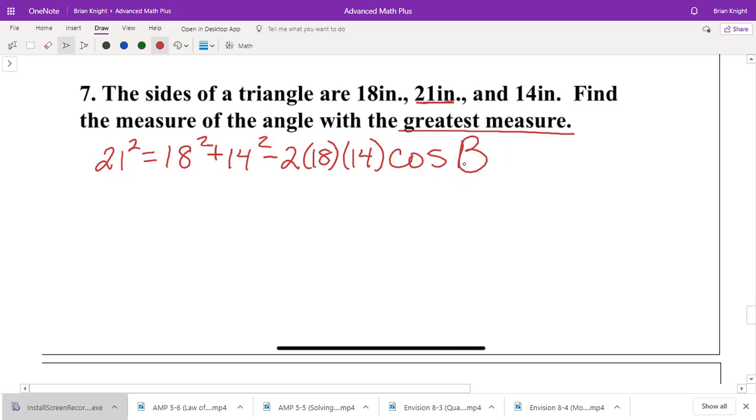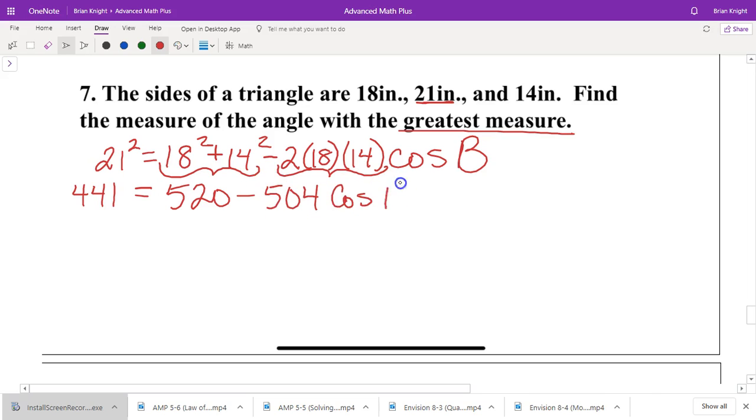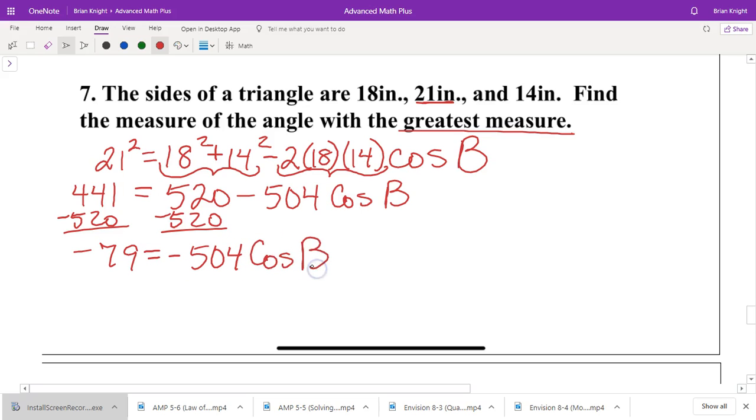Then we simplify: 441 equals 18 squared plus 14 squared, which is 520, minus 2 times 18 times 14, which is 504, cosine of B. I subtract 520, giving negative 79 equals negative 504 cosine of B.